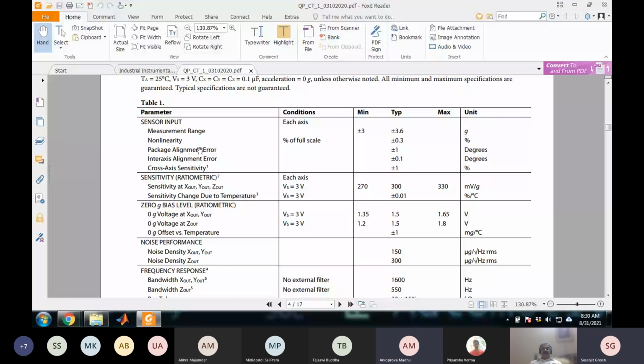Is it with respect to full scale, or with respect to value? The non-linearity is given with respect to full scale, but I am talking about the package alignment error. So it is with respect to value because the unit is given in degrees.